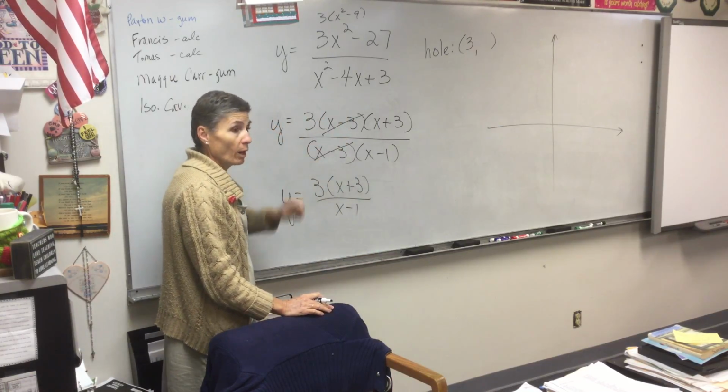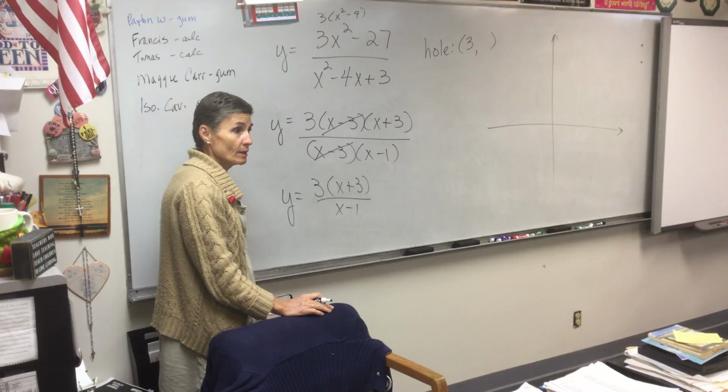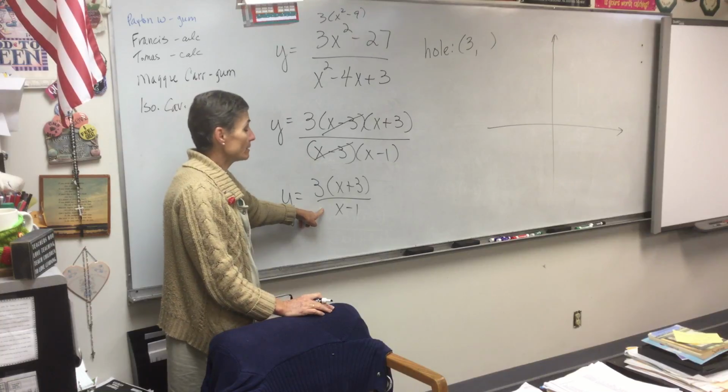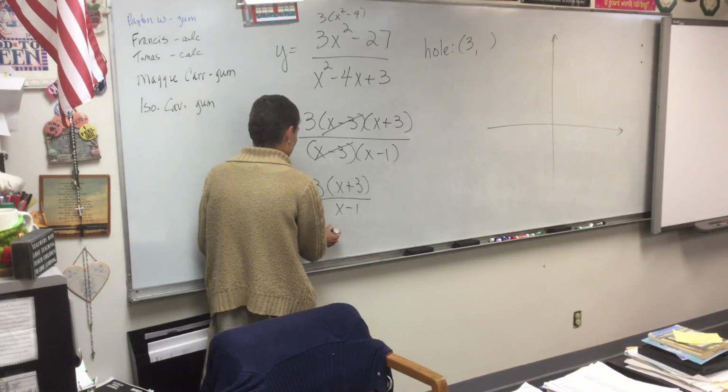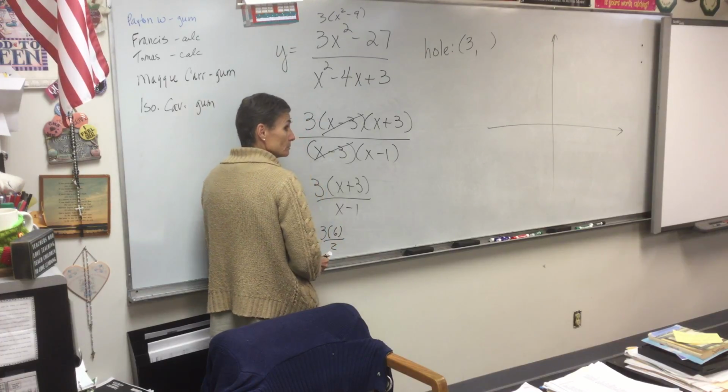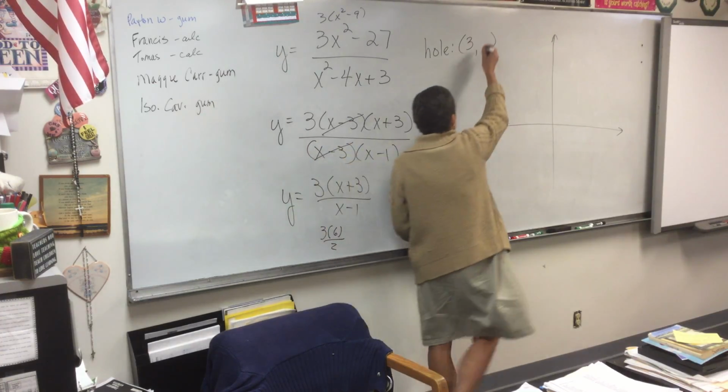Now, comma what? How do I find the what? I plug 3 in right here. So I'm going to have 3 times 6 over 2. So the hole is going to be at 3 comma 9.